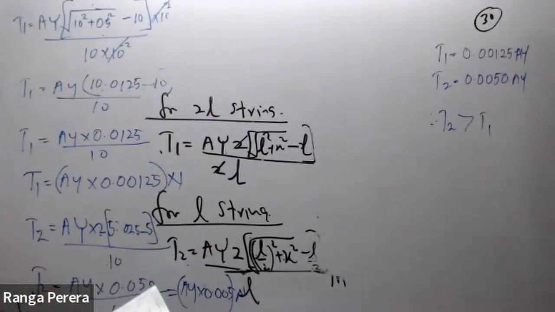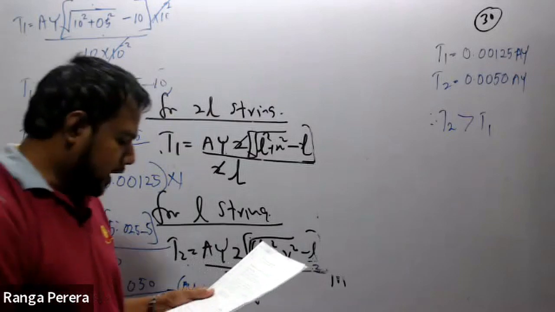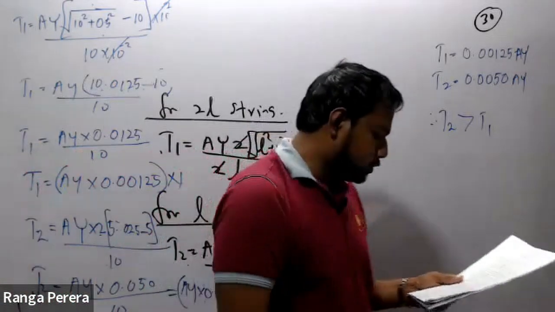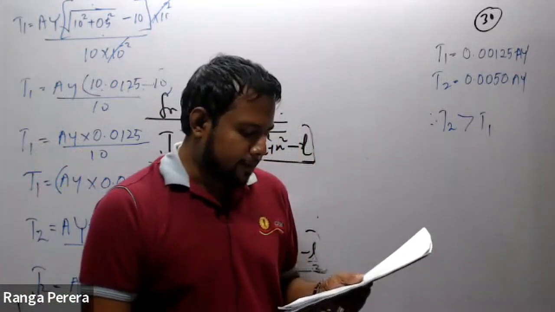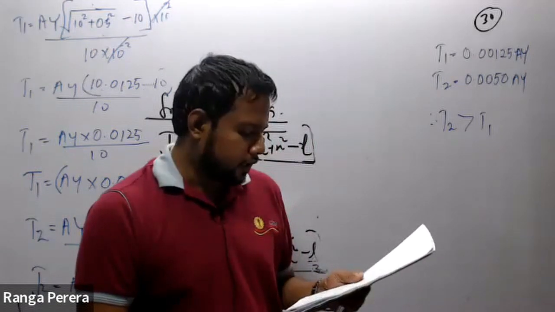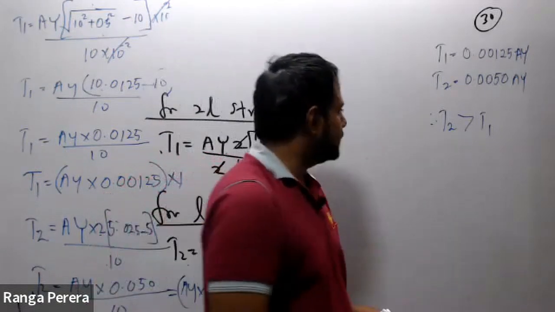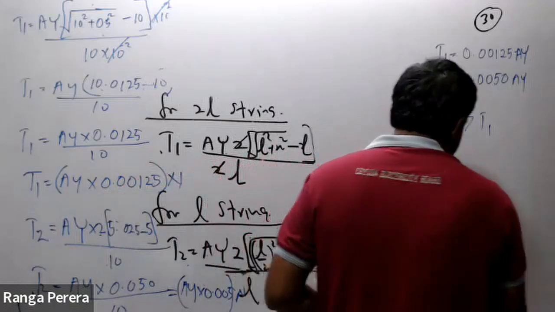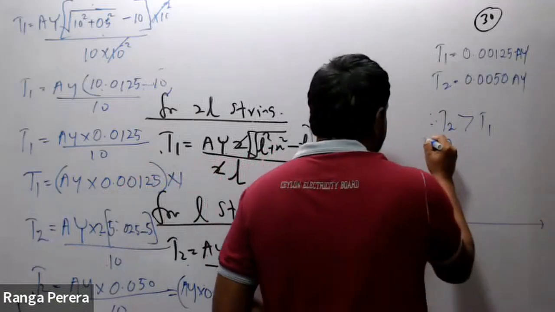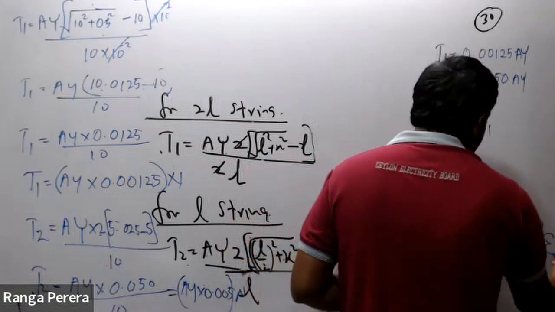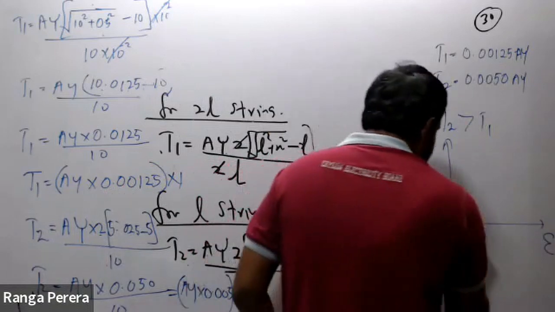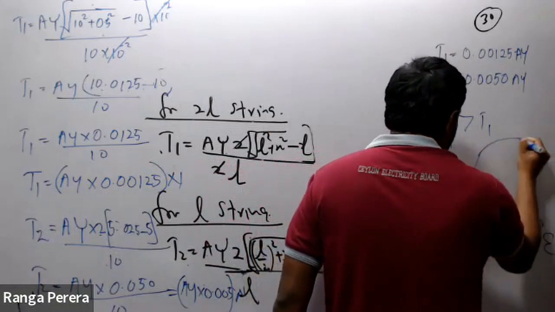Right. The next question. Explain qualitatively how the two strings behave as the applied force to the point of contact of the string is increased. If I consider the stress versus strain graph for this, the same could be obtained.